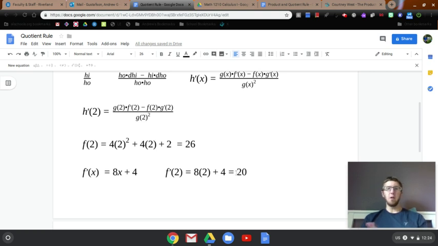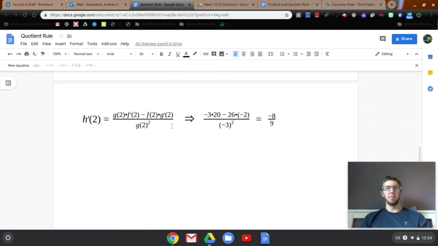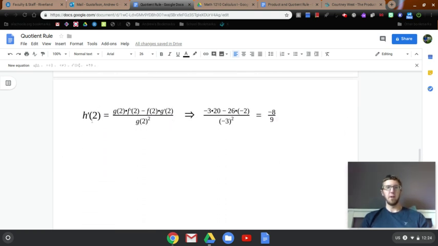Now I know all the parts I need in this whole equation: g at 2, f prime at 2, f of 2, g prime at 2, and g of 2 squared. Filling in the blanks, here was that equation with all the 2's. I'm going to fill in all five parts.